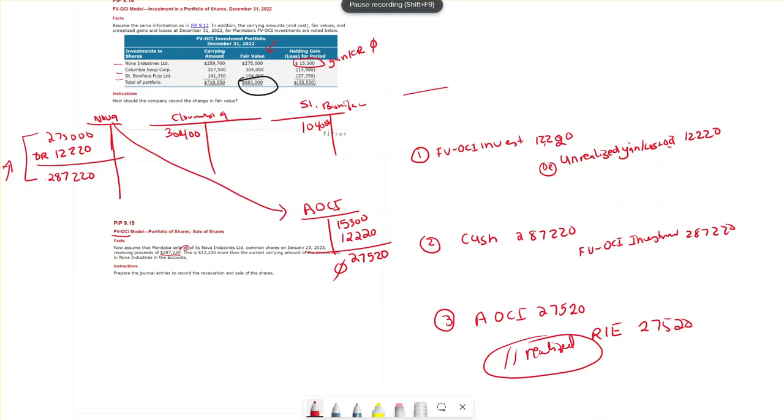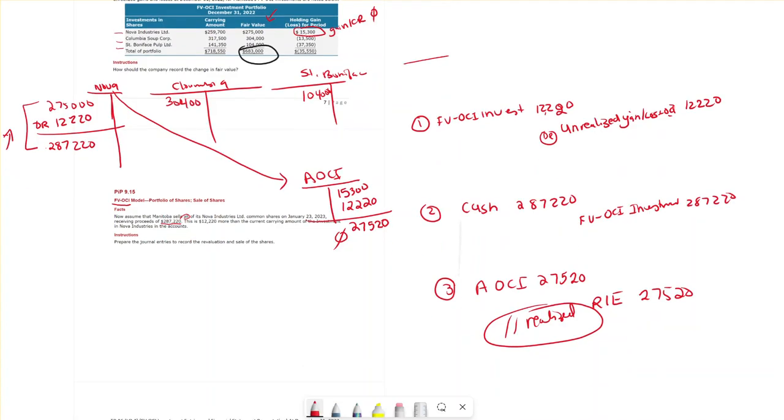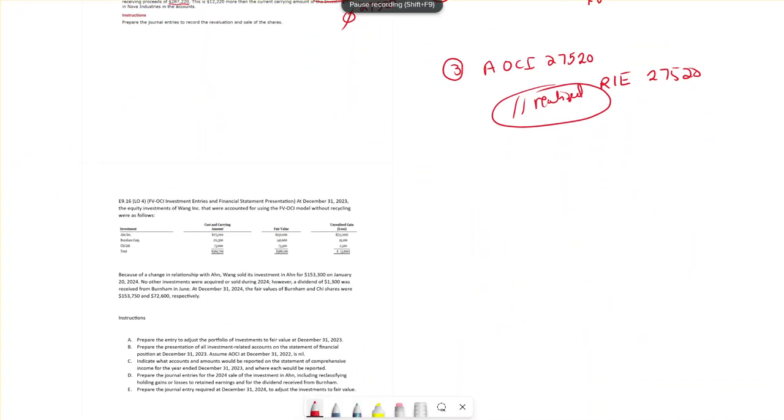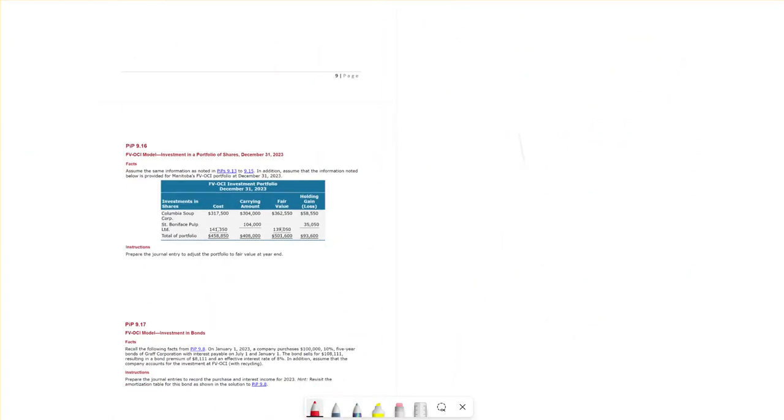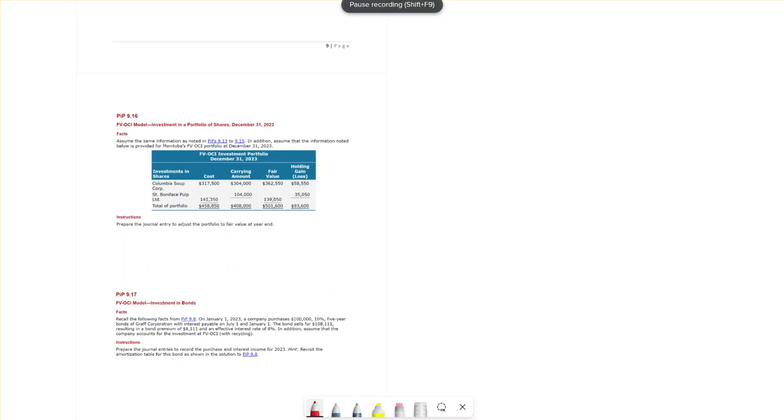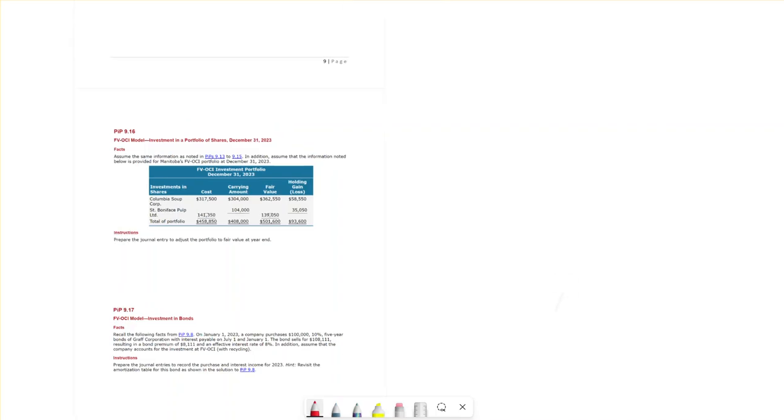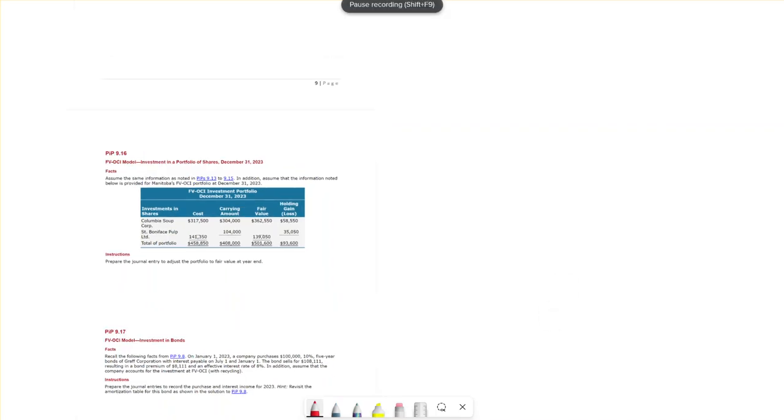Let's go further and see what else we have. I think I'm going to do this one. This is similar to what we did. They just want you to record the value to the fair value model, and when you have an investment in shares, it's similar.